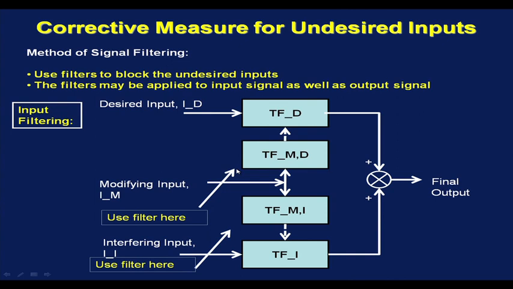and if I can design a suitable filter, it may block the modifying input. In other words, you can consider that I want a transfer function here which is actually 0. So, when the modifying input is being worked upon by a transfer function which is equal to 0, it will give a signal equal to 0.